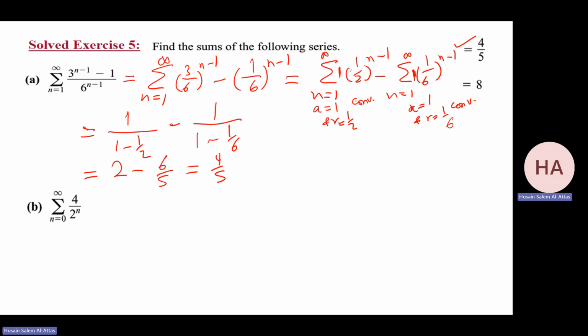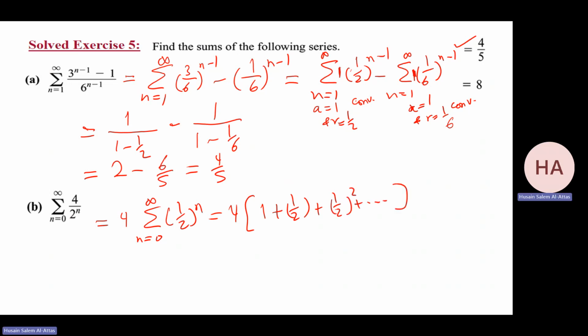Now what about this one? It's easier. You can take 4 as a common factor outside, sum from n equals 0 to infinity of 1 over 2 to the power n, or I can write it as half to the power n, if you want to make it in the format. Or I can say 4, open it up: half to the power 0 is 1, plus half squared, and so on.